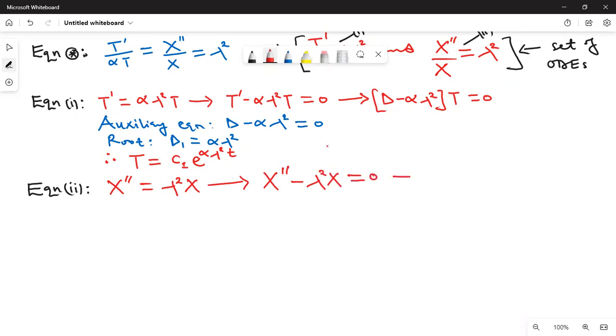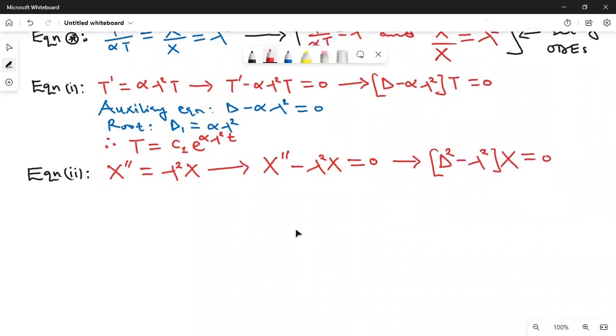And you can also write this in terms of the d operator. This is d squared minus lambda squared operating on x to give us 0.